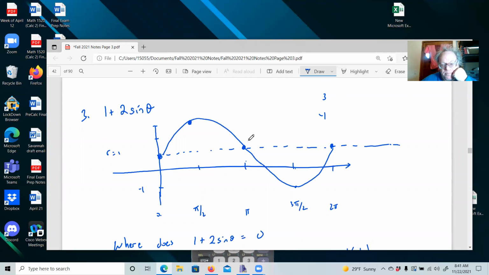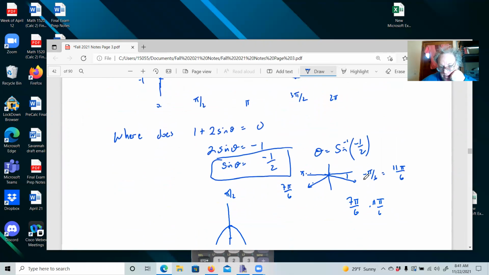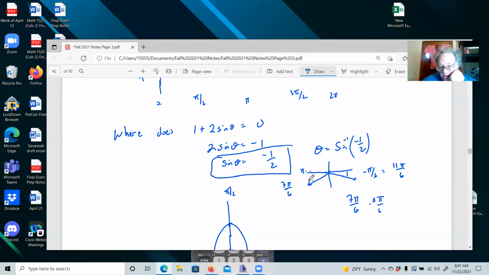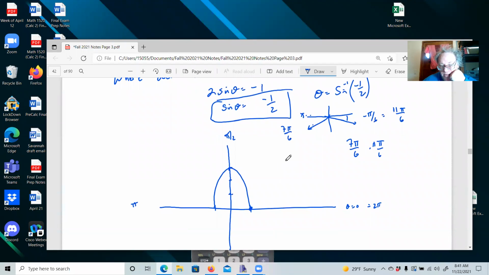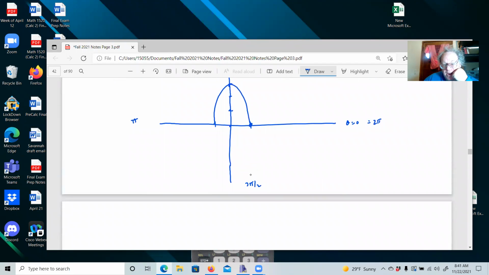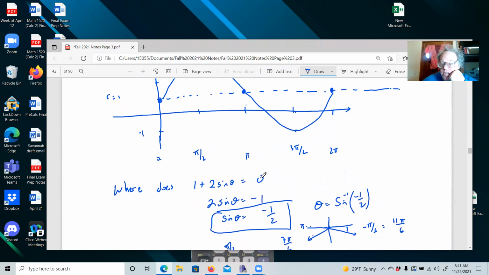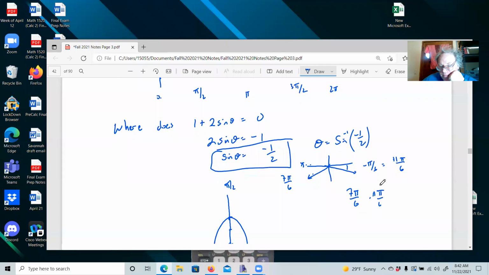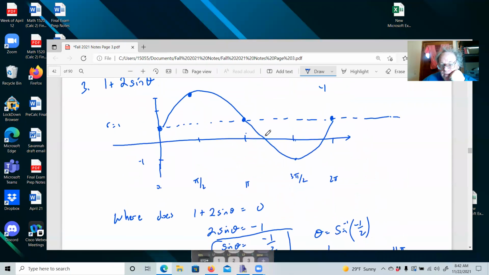All right, now when we get to 7 pi over 6, that's going to be about there for an angle. My value is going to end up doing something like this, and kind of curve into the origin at 7 pi over 6.